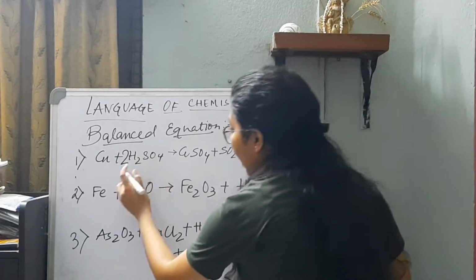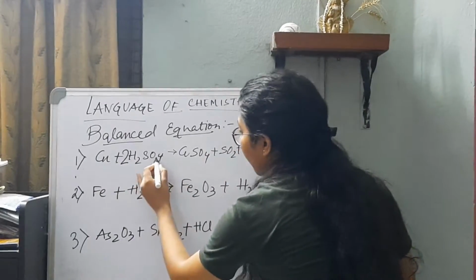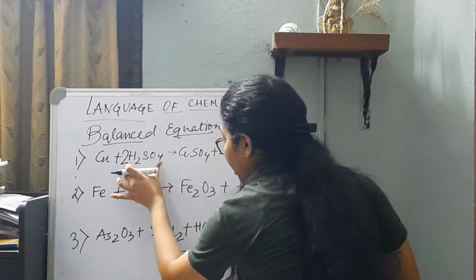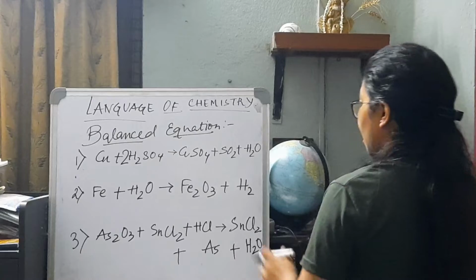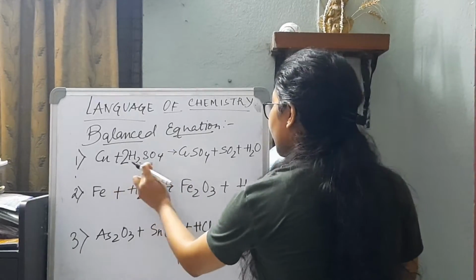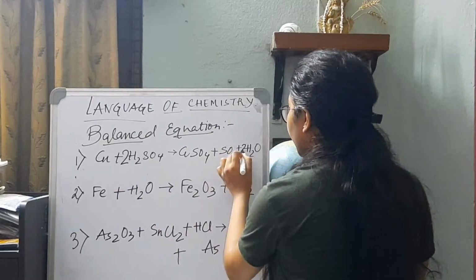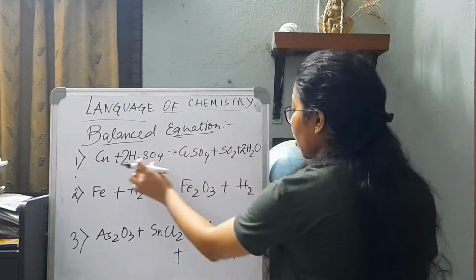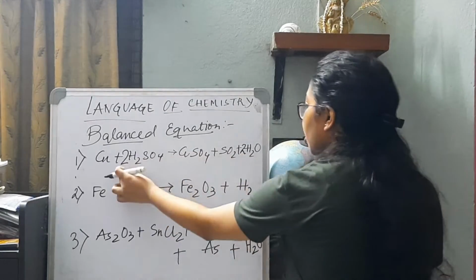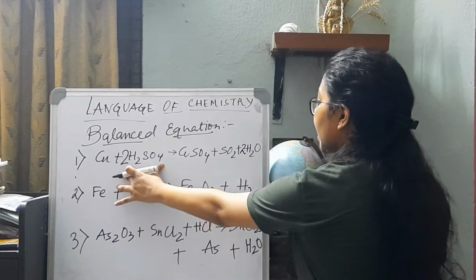Now the moment I do this 2, I can observe that not just oxygen became 8 but hydrogen also became 4. So to balance hydrogen as well as oxygen, if I put a 2 on this side, I can easily understand that now hydrogen is also balanced, 4 and 4, and then oxygen is becoming 8.